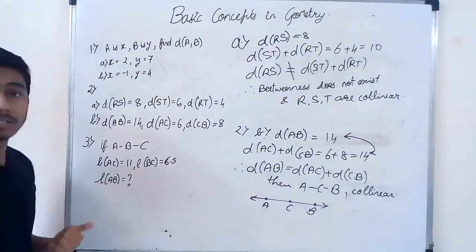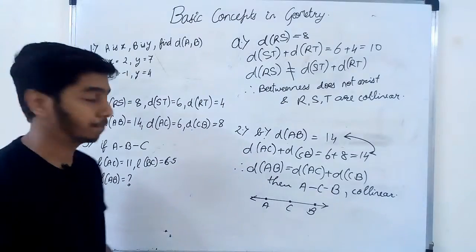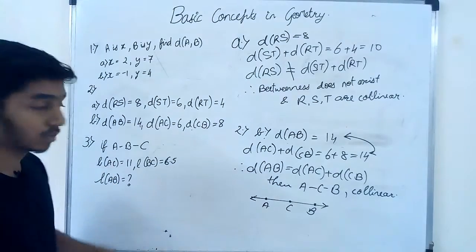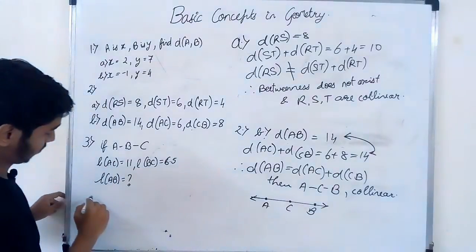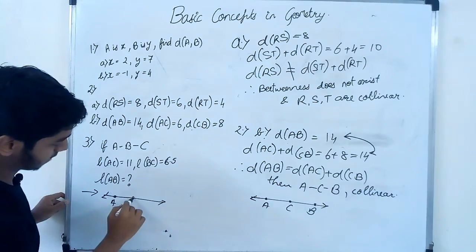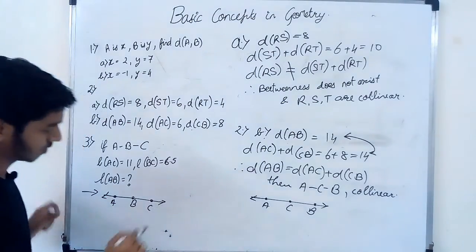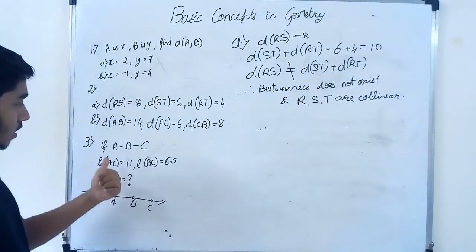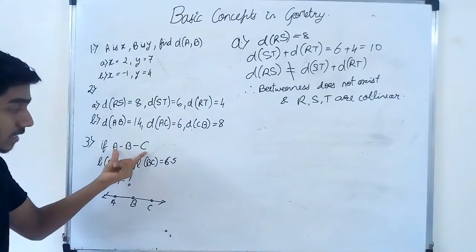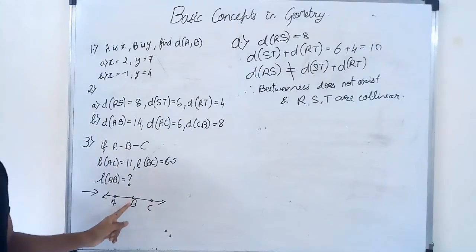Let's see the third one, the last one, and we'll end this topic here. So if A, B, C, this is given to us. So the solution part will be A, B, and this is C. So AC is at the extreme point and B is in between.